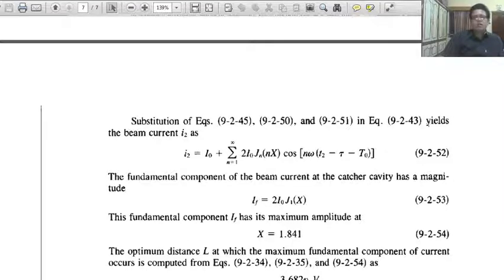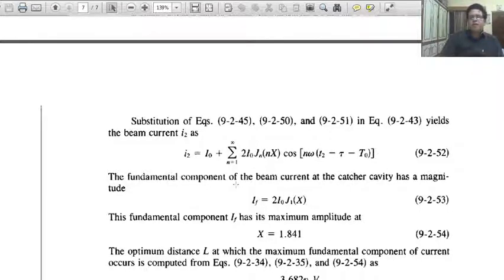Substituting these equations, the beam current becomes what we want to calculate. Beam current we express in Fourier series and we calculate these integrations, and after substituting all the equations, we get the formula for beam current: I2 equal to I0 plus summation n equal to 1 to infinity of twice I0 Jn(nx) cos n(omega t2 minus tau minus A0).